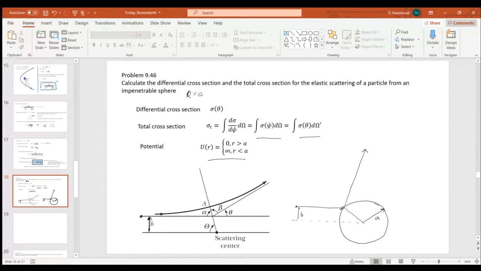Now note from before, what we've had is theta, little theta, equals pi minus 2 capital theta. And so what that means is d little theta is equal to negative 2 d capital theta. Okay?